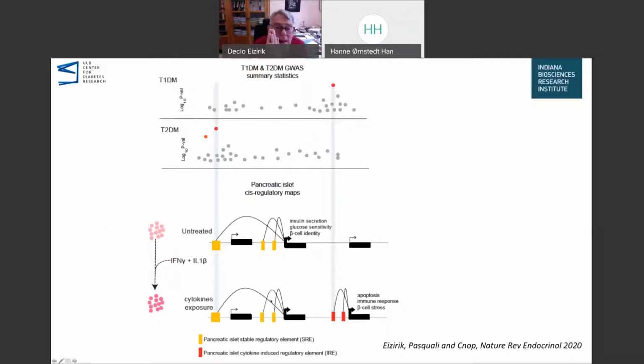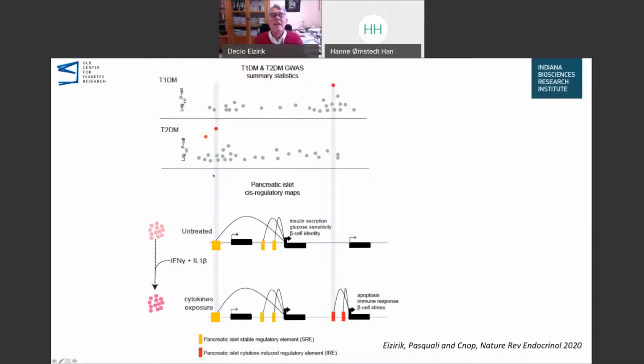So based on this, we developed a concept suggesting that most probably these binding sites that are bound by transcription factors involved in the beta cell phenotype open the chromatin and facilitate binding of transcription factors induced by the inflammatory process.